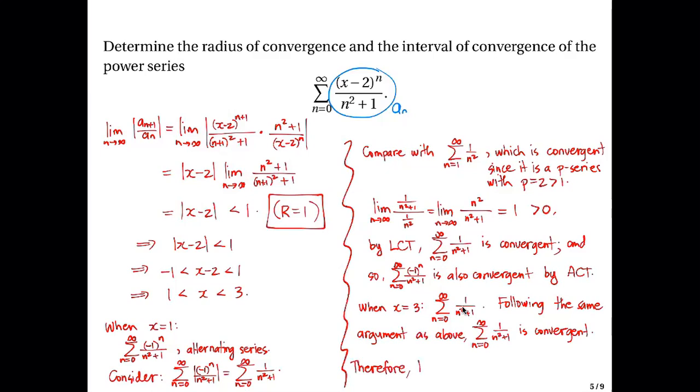Therefore, the interval of convergence is the closed interval 1 up to 3. Okay? Question? Next example. Let's go.